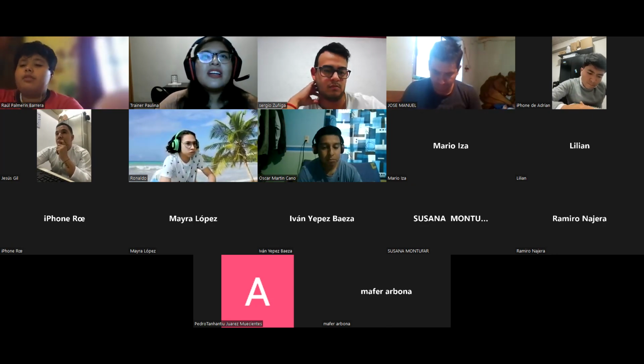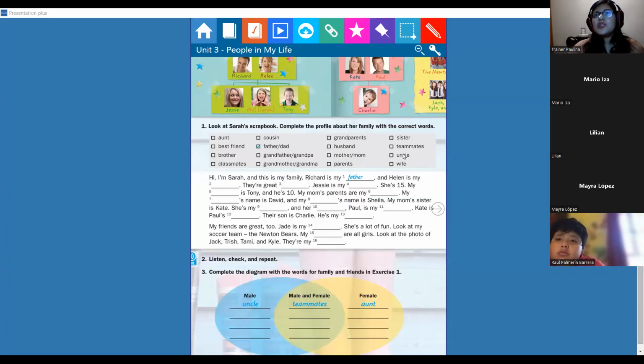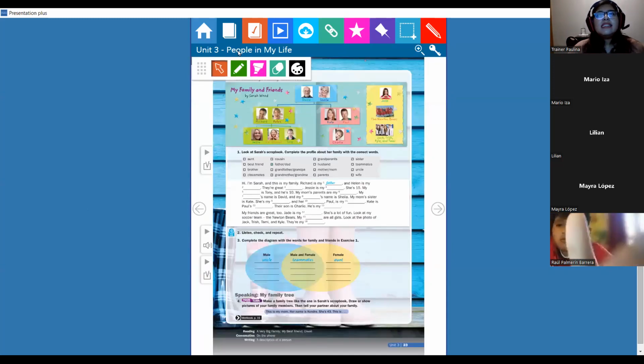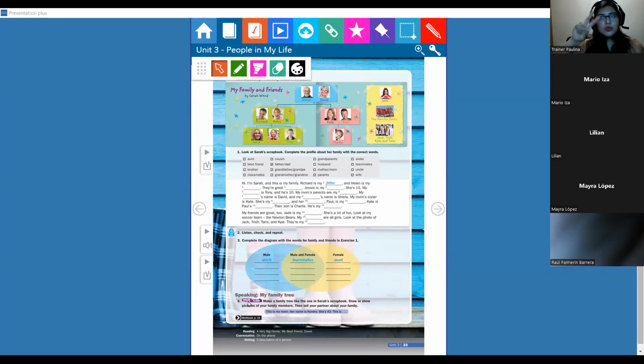Let me go ahead and share the screen. This exercise we're going to do is exercise number 1, and this is on page 23, page 23 on unit 3.